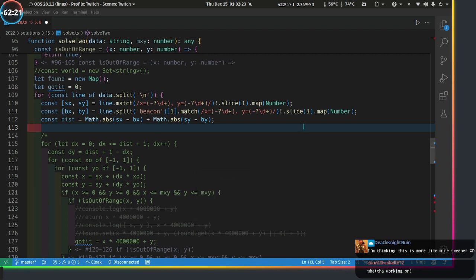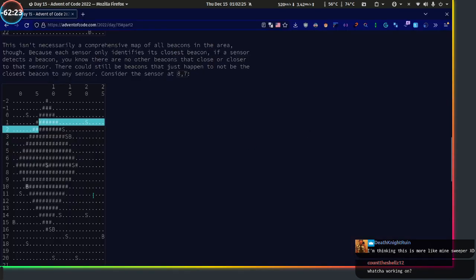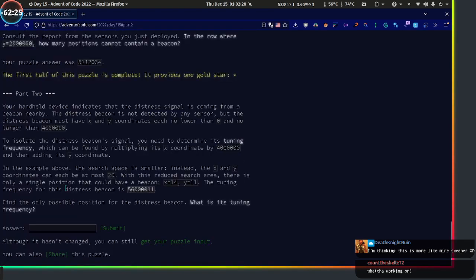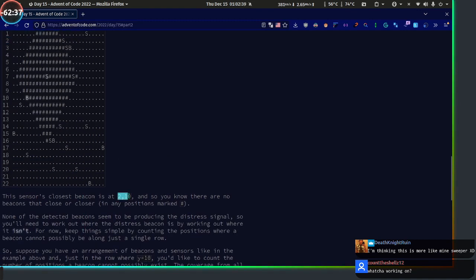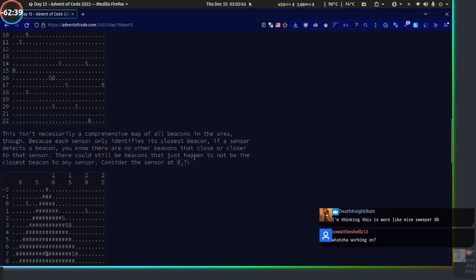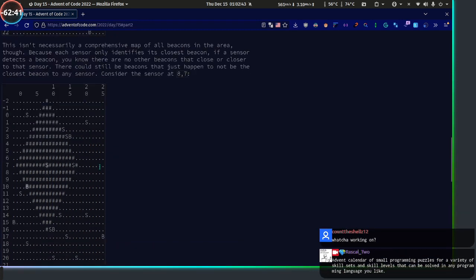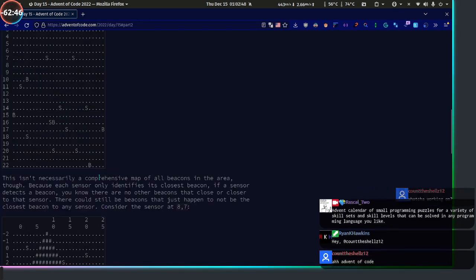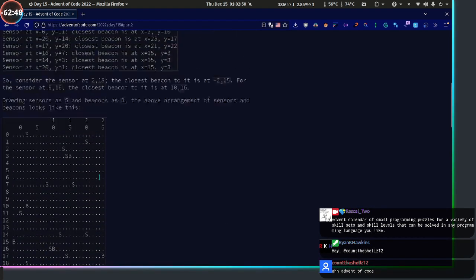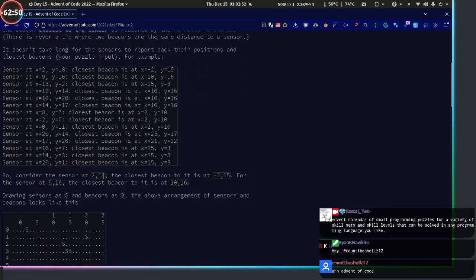Hey, we're trying to do some coordinate locating in some beacon distress field there, count the shells. I mean, it kind of feels like Minesweeper, yeah. Sensor's closest position. Could be other beacons not closest. Consider the sensor at 8-7. Yep, Advent of Code, count the shells. And this one is kicking my butt. Got me an hour out already.